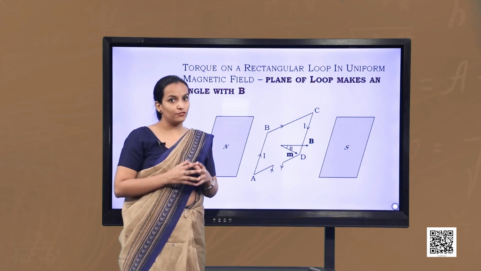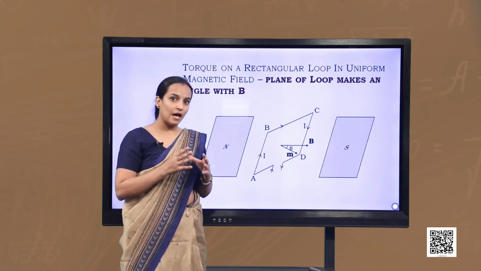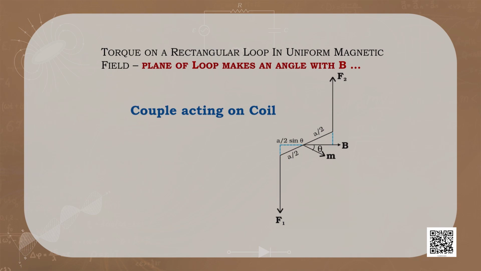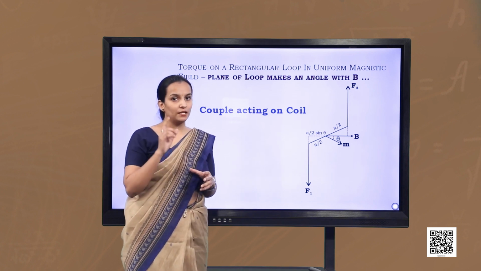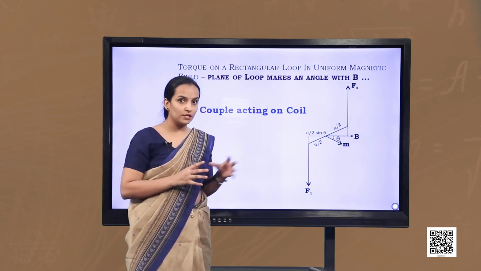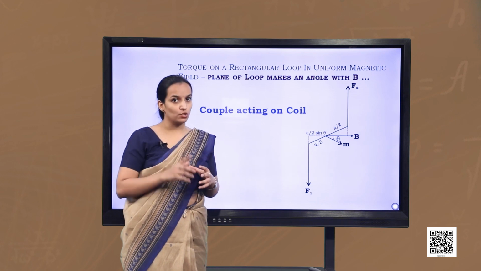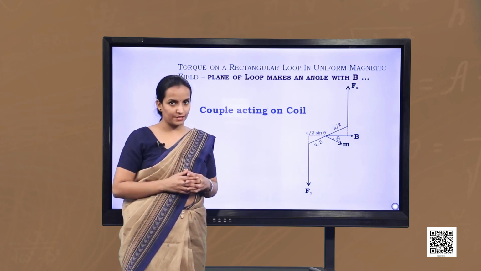Let's find out the forces on arms AB and CD. Look at the diagram. Here also F1 and F2 are equal and opposite, same as the previous case. Since these forces are not collinear, they form a couple and produce torque. But in this case, the perpendicular distance between the forces of the couple has decreased, so the torque will decrease.